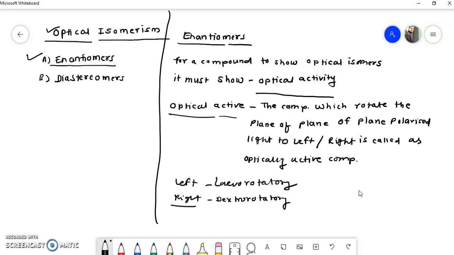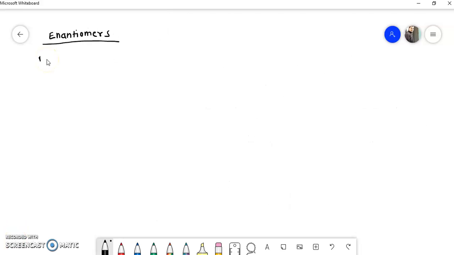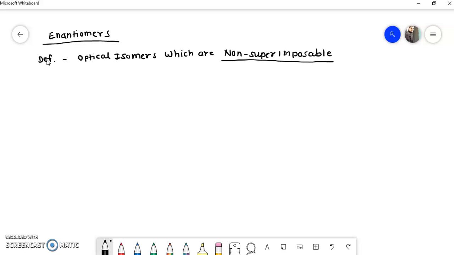Now we'll see what is meant by enantiomers. Which compounds are called enantiomers? First of all we will see the definition. Enantiomers are the optical isomers which are, and this word is very important, non superimposable mirror images of each other.